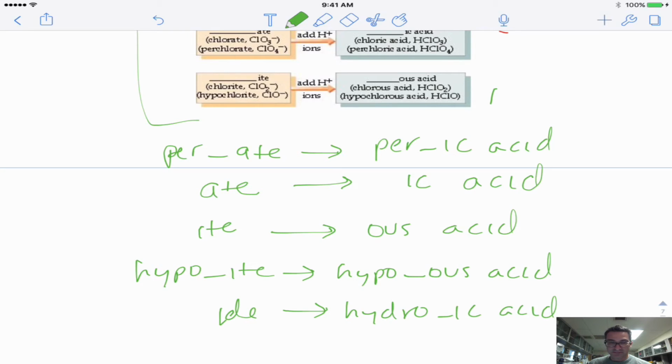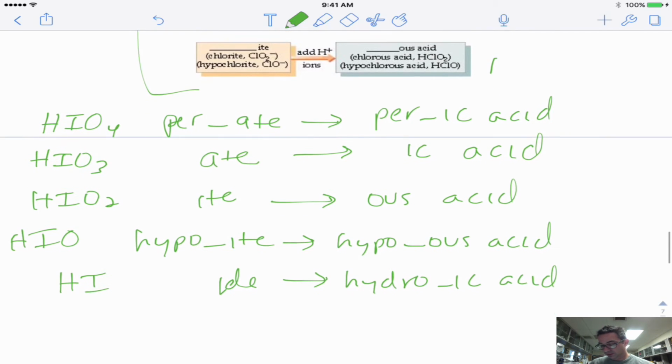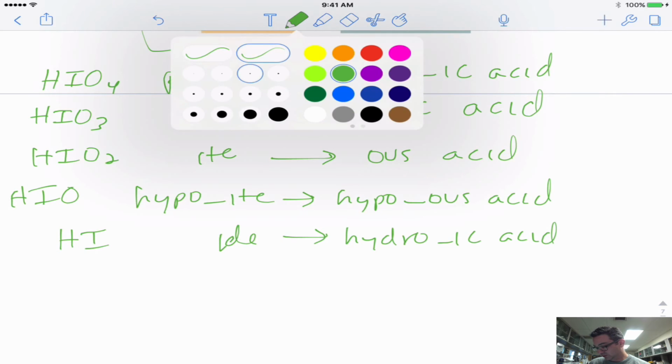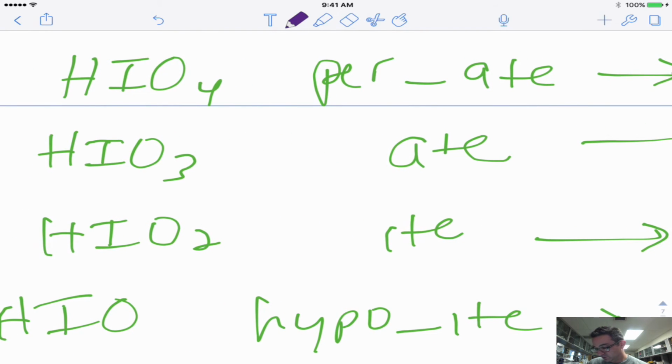So what does this look like? Well, let's say I were to do something like HIO4, HIO3, HIO2, HIO, and then HI. So all of these are using iodate. So HIO3, if we change the color here to show this, ate becomes ic. So this would be iodic acid.